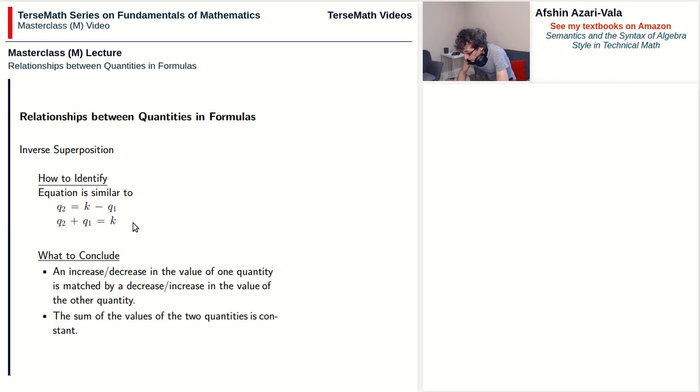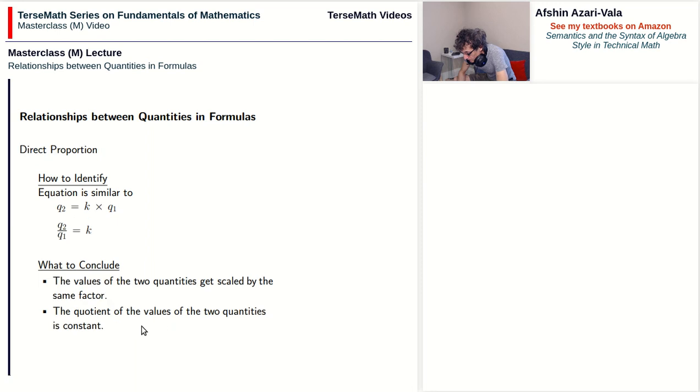If you do have inverse superposition as your relationship, then you can conclude that an increase or decrease in the value of one of the quantities by a certain amount is matched by a decrease or increase in the value of the other quantity by the same amount. One increases, the other decreases, or one decreases, the other increases. And these increases and decreases are equal in size.